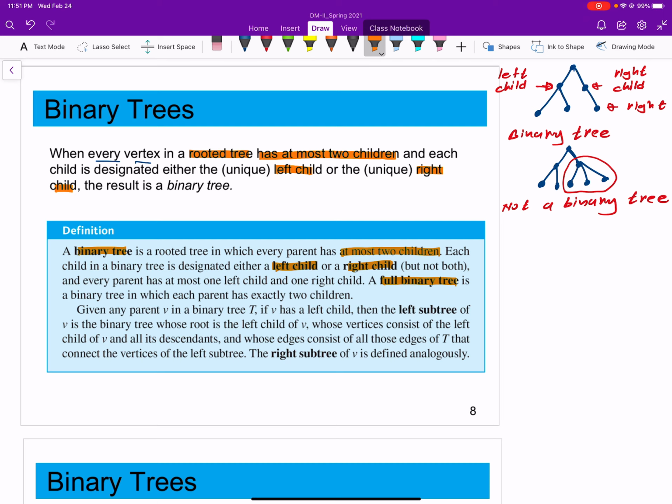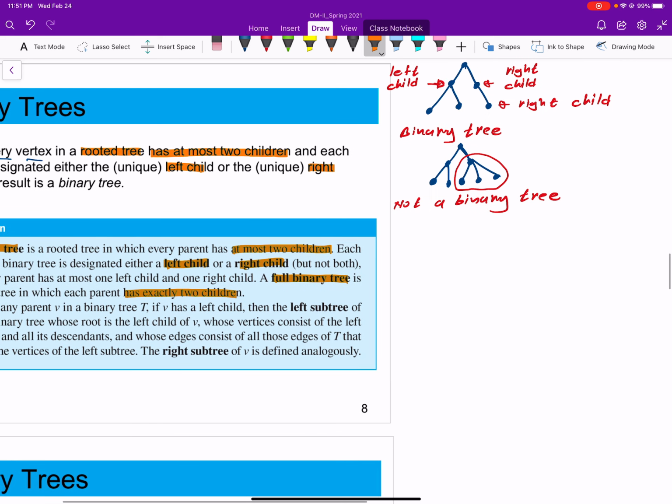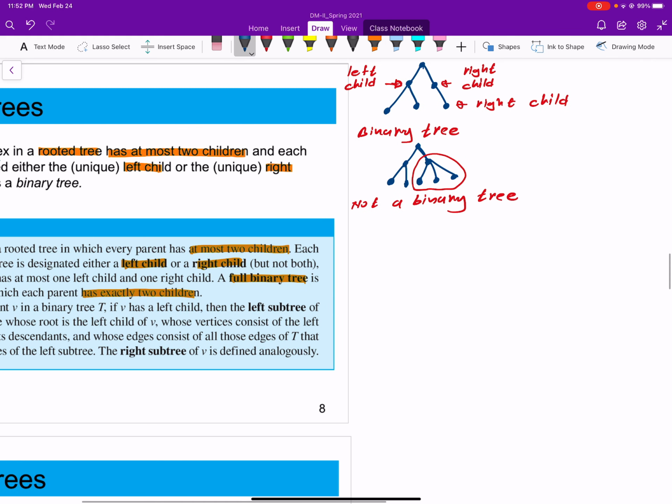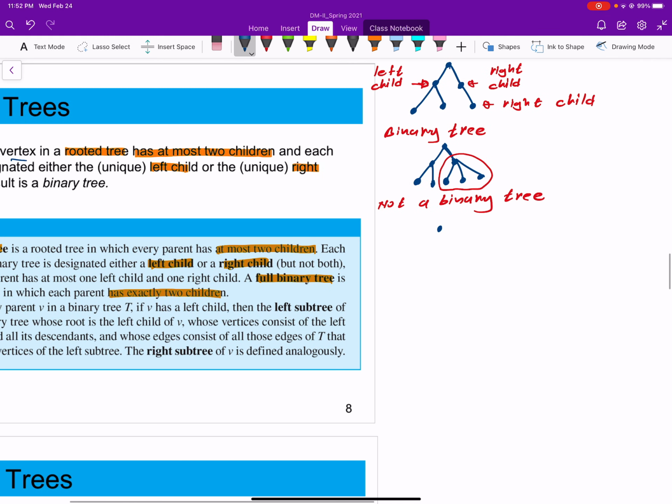A full binary tree is a binary tree in which each parent has exactly two children. Now this is a special type of binary tree. That means it has exactly two children every time. Okay, so this is a full binary tree. Vertex here, vertex there, vertex there, vertex there, vertex there.